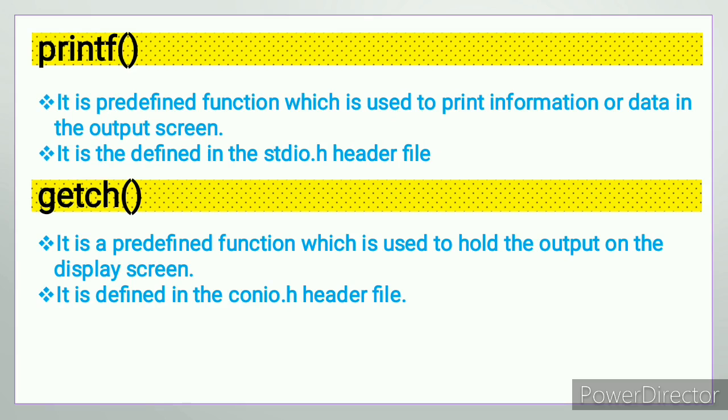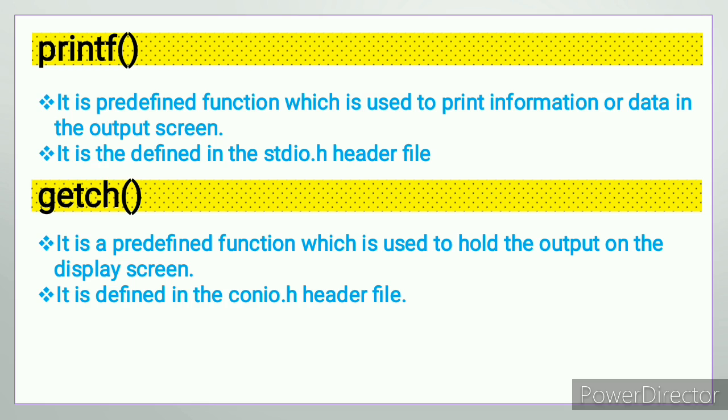If you use clrscr but do not include the header file conio.h, then it will give an error. Next, we go to the printf. It is a predefined function which is used to print information or data on the output screen. It is defined in the stdio.h header file. Same thing I told previously: if we use the printf function, then it must be declared in the header file like hash include stdio.h.